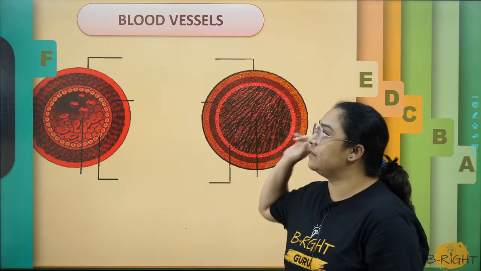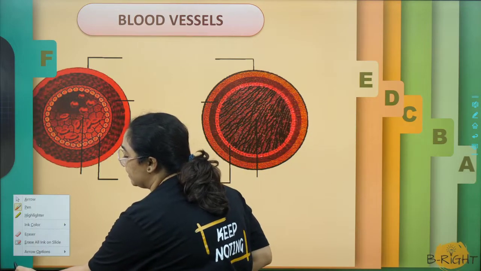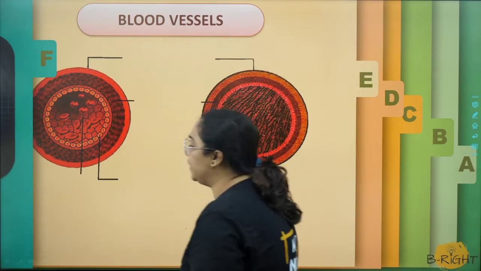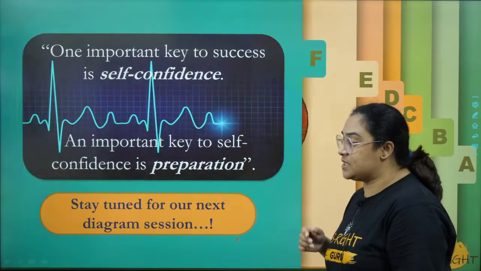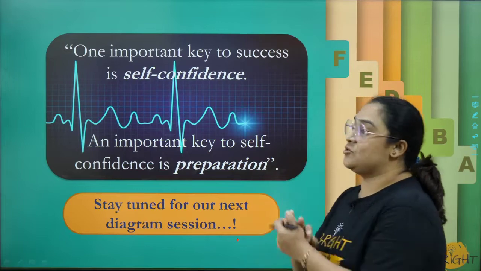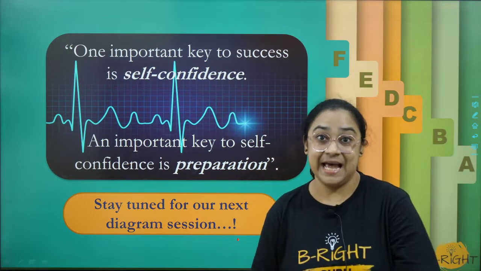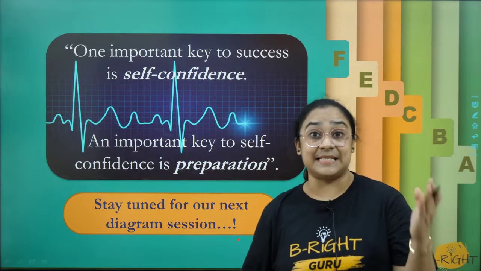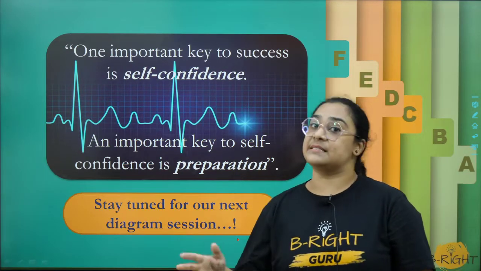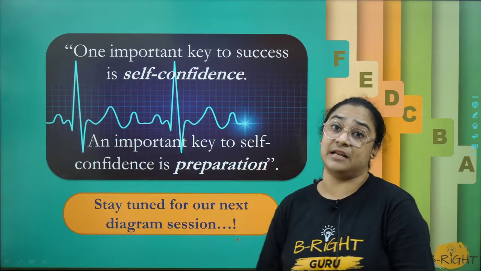Right? So here I finish my first session of diagram labeling and I hope you enjoyed it with me. I finished with my labeling part and it was really amazing. Now one important key to success for your board exams is self-confidence. I always say triple S: study, saturate and self-analyze, and after self-analyzing you will gain self-confidence.